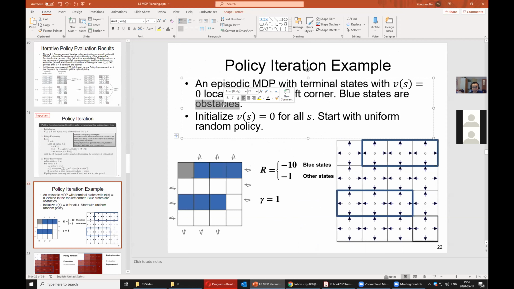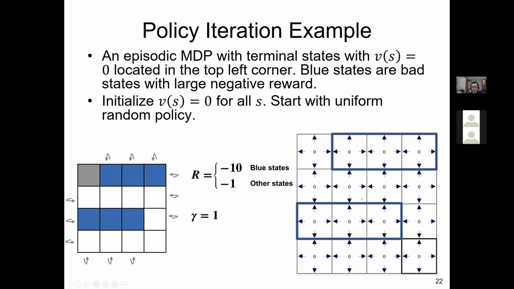Blue states are bad states with a large negative reward. So you initialize all the values to 0, and you start with a uniform random policy, that is, at every position you have equal probability of going in each of the 4 directions.